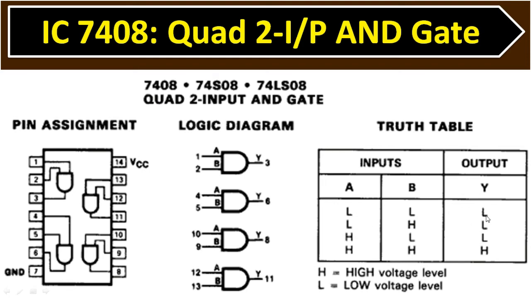So if any one input is logic 0, here L, here L, and in the third combination also 1 L is present, then the output is low, and if all the inputs are high, that is logic 1, then and only then the output will become high.